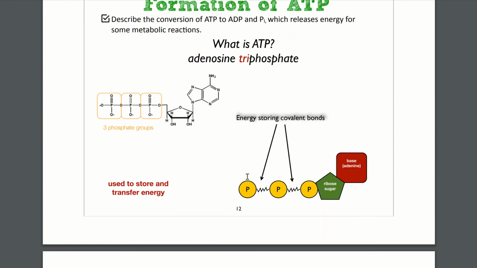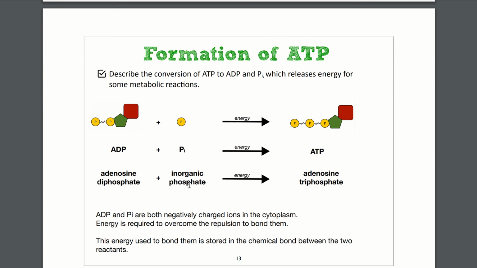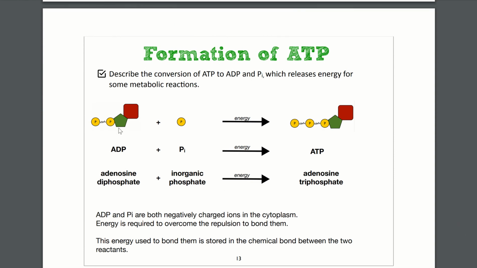Okay, right. Just a little more about ATP. ATP stands for adenosine triphosphate. It's made up of three phosphates, and these three phosphates are joined by energy storing covalent bonds. When we use the ATP energy, the one phosphate on the end is going to get, as you can see down here, detached from the ATP, making ADP and the phosphate.